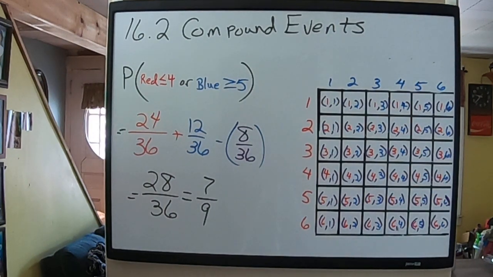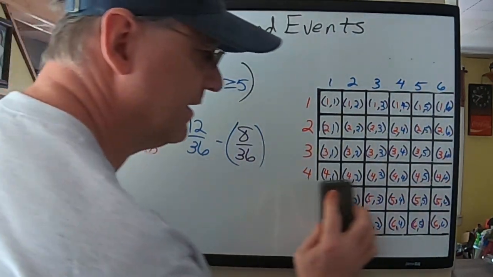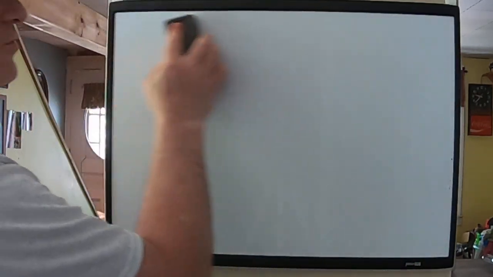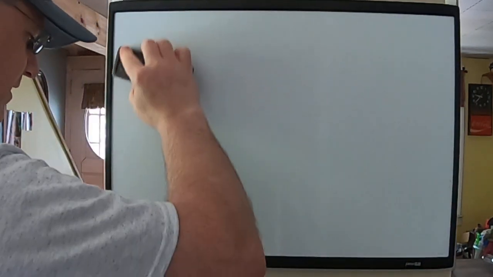Now let me show you a different situation. These are called mutually exclusive. And what mutually exclusive means is the result of one does not affect the result of another.